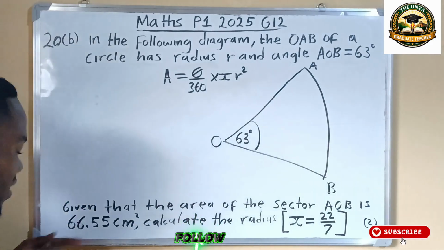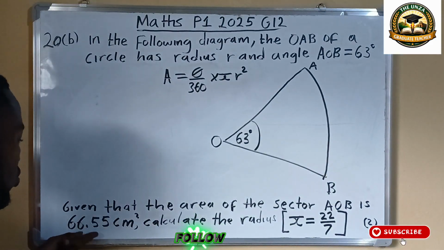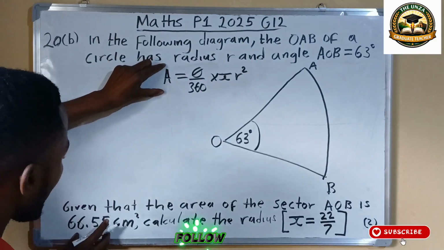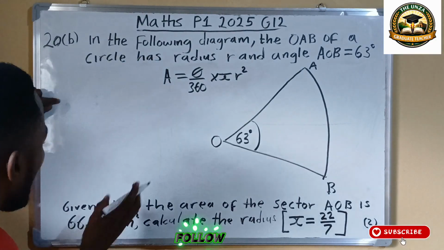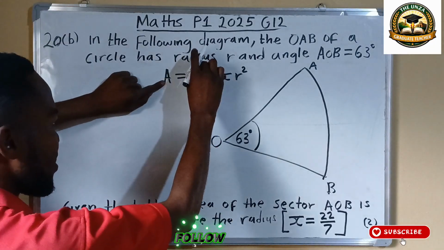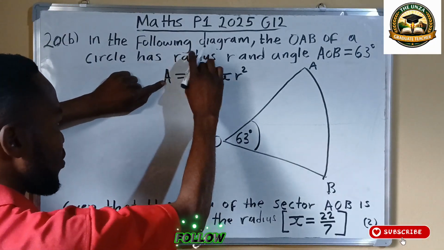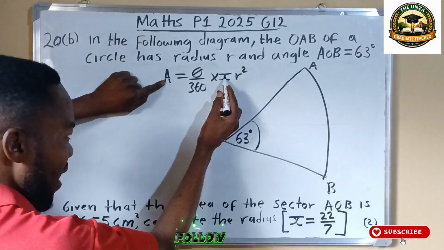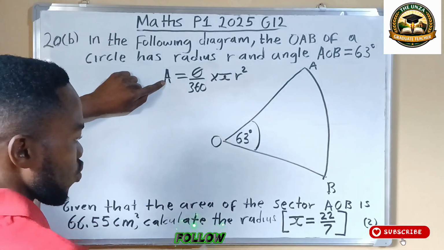So when you are given such a question, all you need to do is to put the value of the area where there's area on the formula. Then where there's theta, you put this angle. Then where there's pi, you put 22/7.